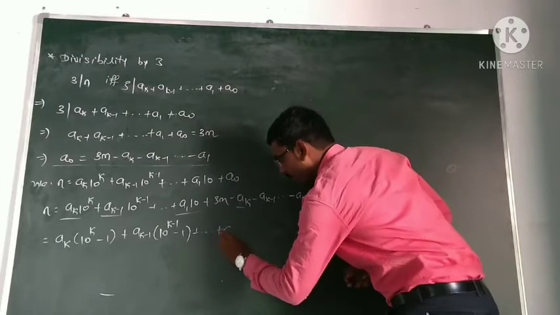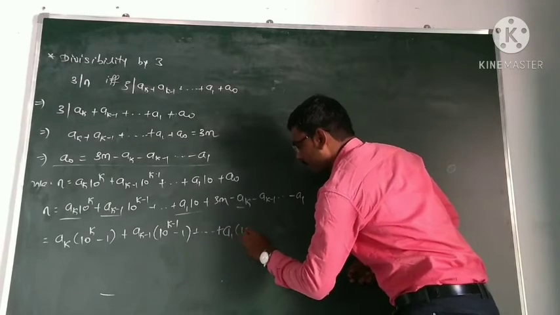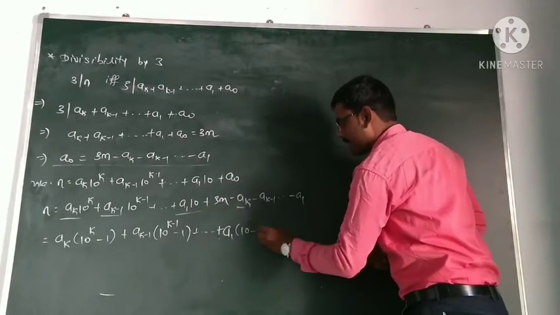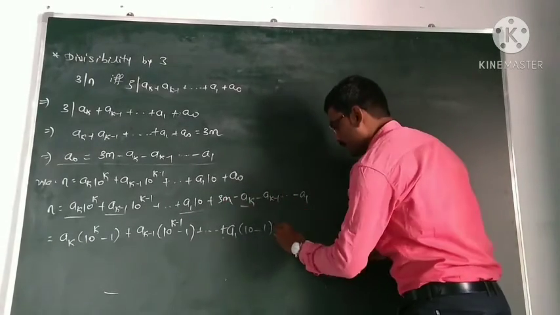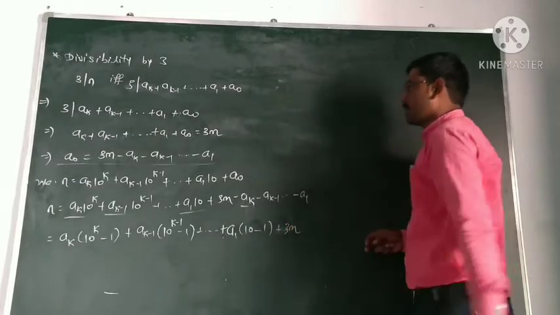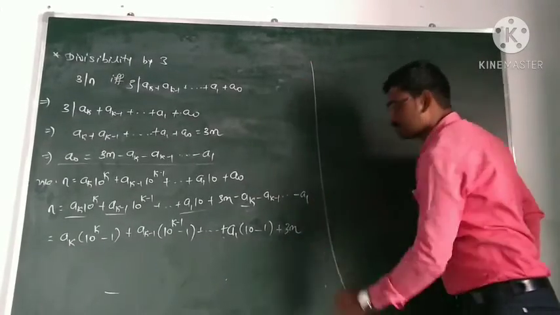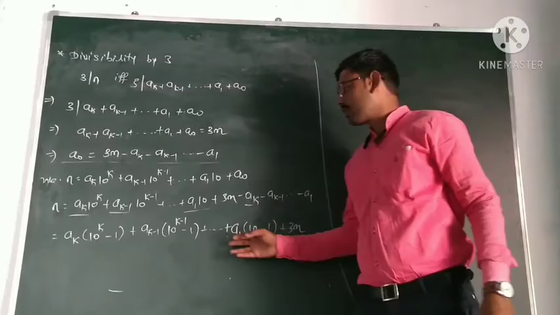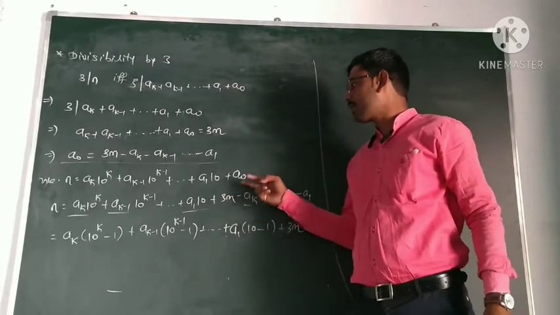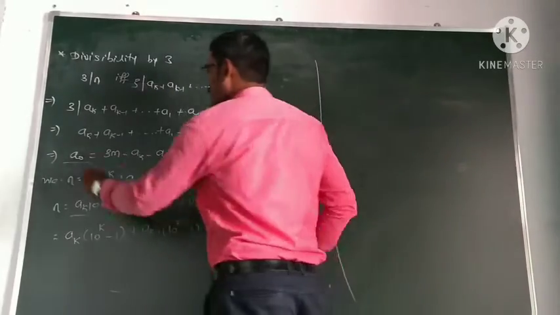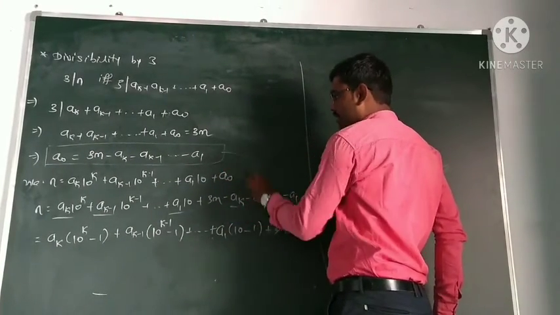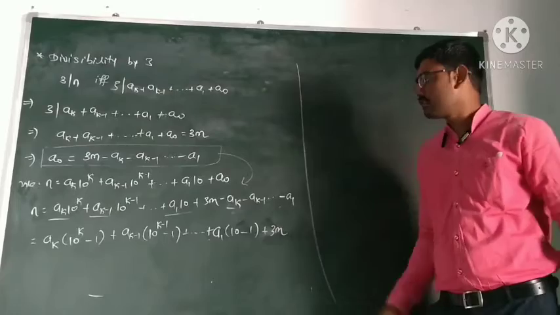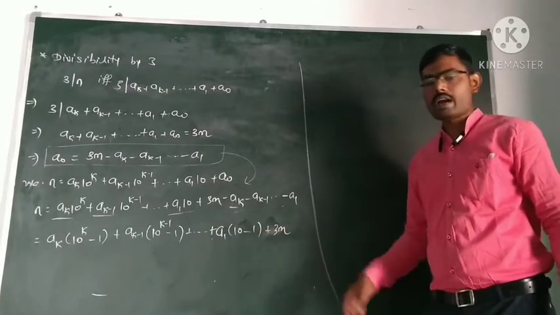So again a1 is common, and here the multiple is 10, here the multiple is minus 1. And plus the remaining 3 times m. Okay. How do we get this? By putting the value of a0 in the general representation, we get this. And we will make some adjustment.